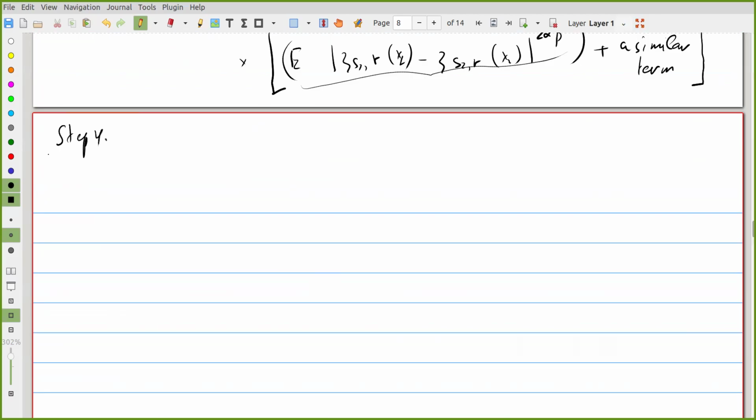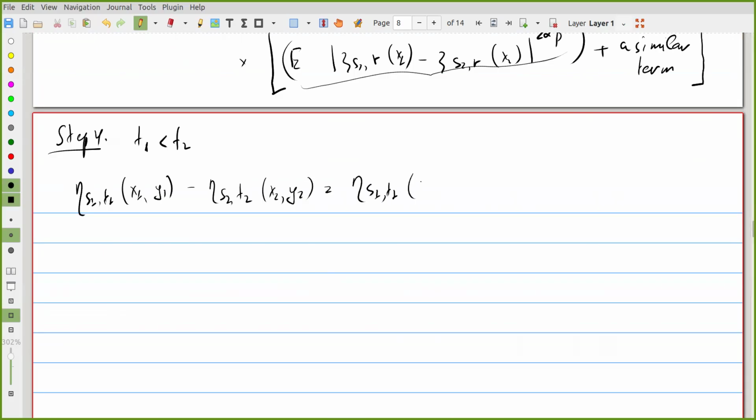Now step 4 is what happens if we have, say, this inequality. That's one. But it's actually easy.